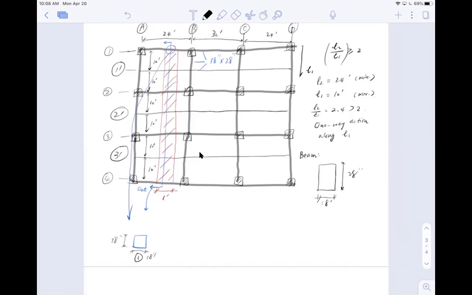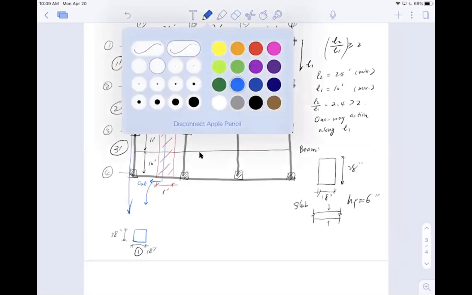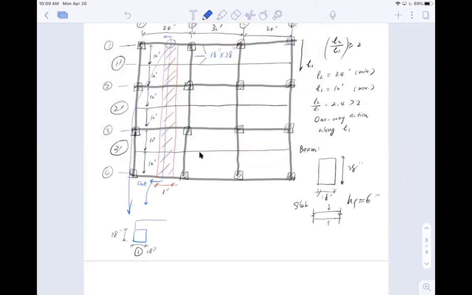And I would say that also the slab has a thickness of 6 inches, so HF equal to 6 inches. So in my case, I have a slab on top of it, and my slab has 6 inches right here.